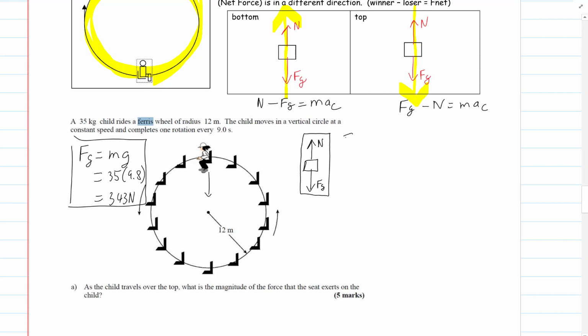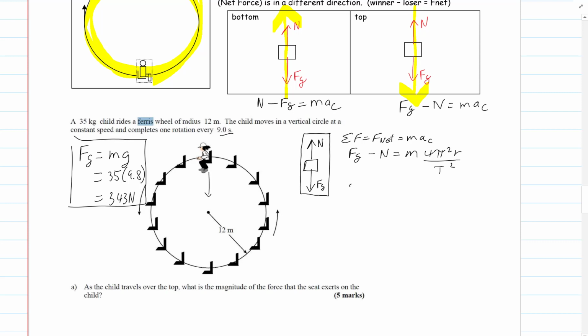So we're going to write down the sum of the forces is equal to F net, which equals m a_c, if we want. So we get the winning force of gravity minus the normal is equal to m a_c. Now, which version of a_c will I use? It has the time in it. So to me, it just makes sense to write down 4 pi squared R over T squared.